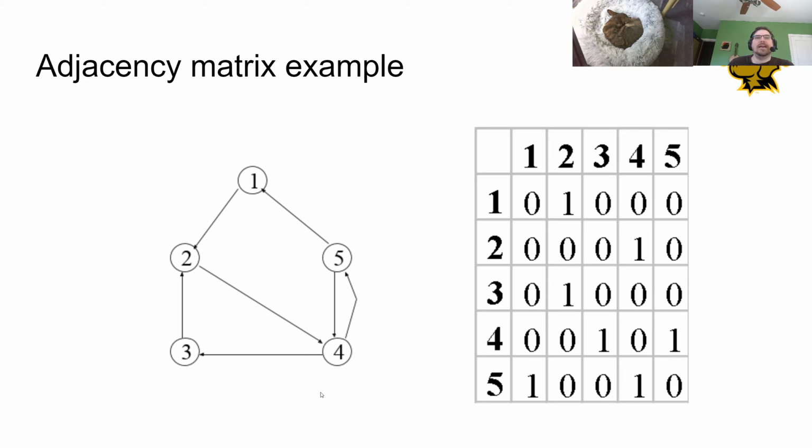If I wanted to say give me all the paths from 4 to 1, I could do 4, then 5, then 1. Though we have to be careful because another valid path would be 4 to 5 to 4 to 5 to 1. Or another valid path would be 4 to 5 to 4 to 5 to 4 to 5 to 1.